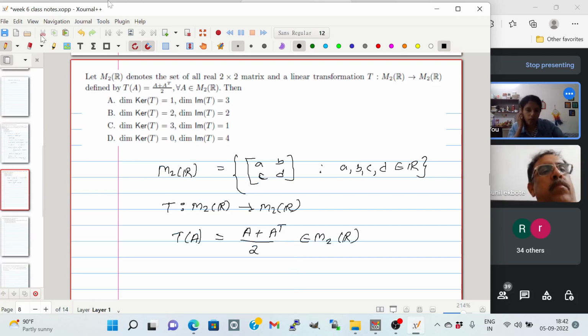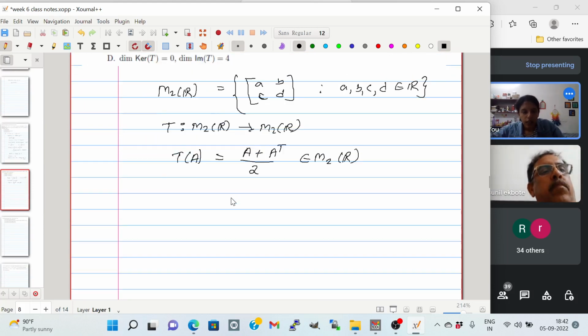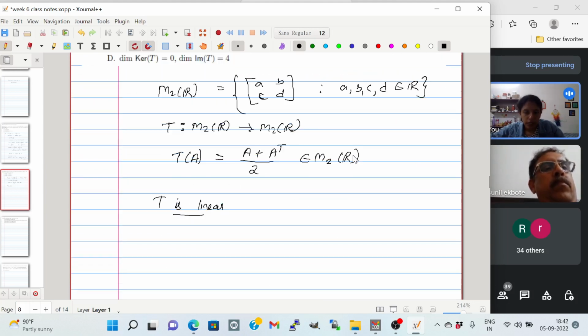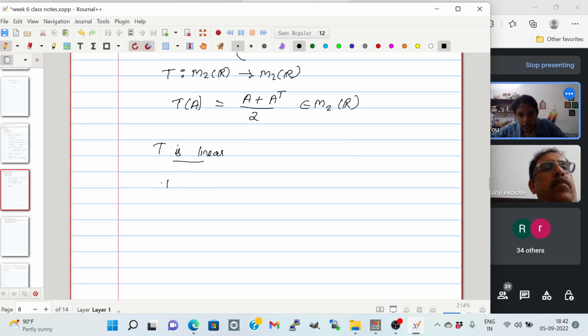Is anyone having doubt whether T is linear or not? Actually, T is linear, it is easy to check. Let me check once. Take any A and B in M2(R). What is T of A plus B? A plus B is a matrix, so by definition, it is (A plus B plus (A plus B) transpose) by 2.